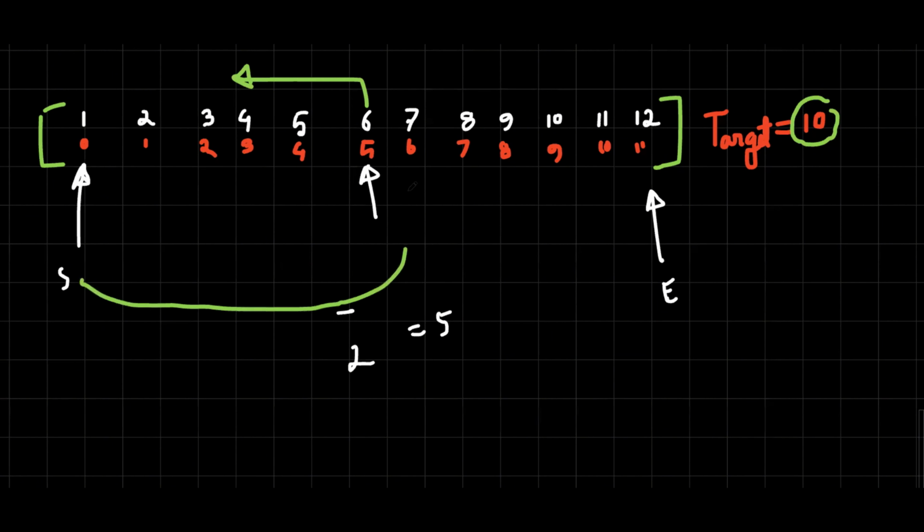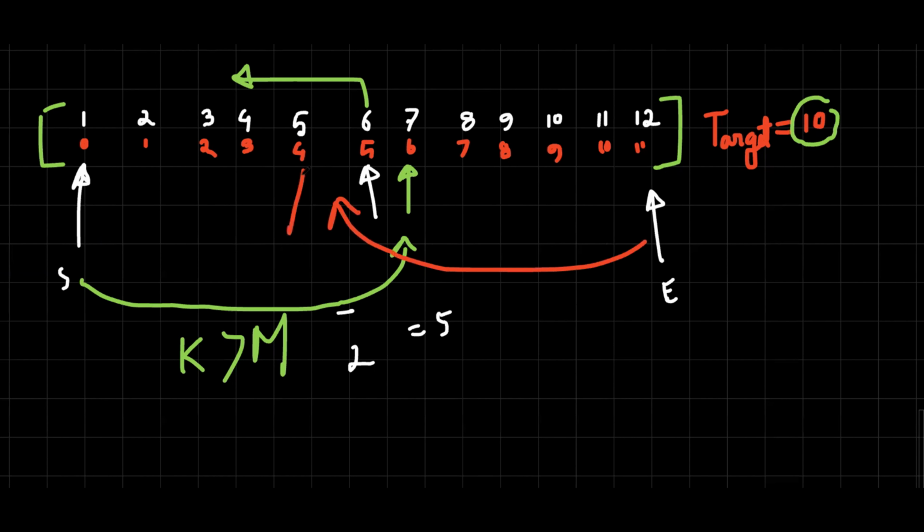Now, the start pointer will point to mid plus 1. Again, another scenario can be possible. It can be possible that our target value is less than the mid value. If it is, then our end pointer should be shifted to mid minus 1.